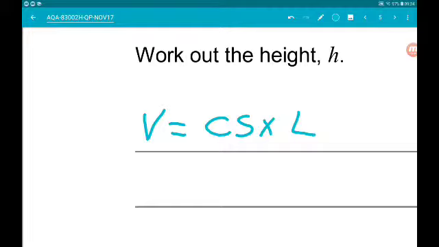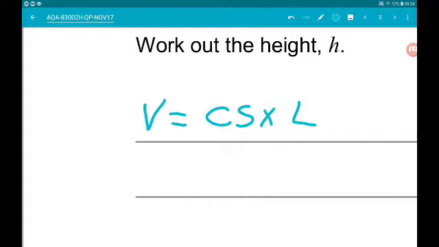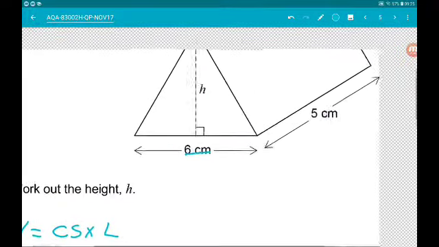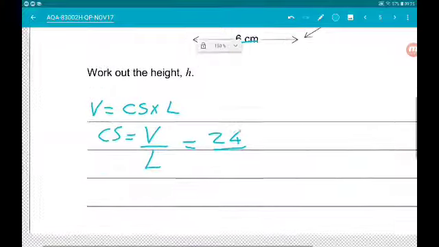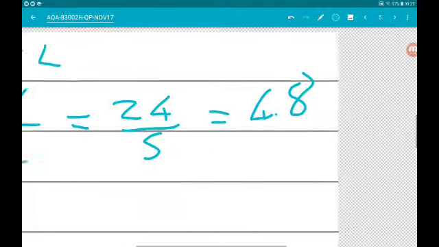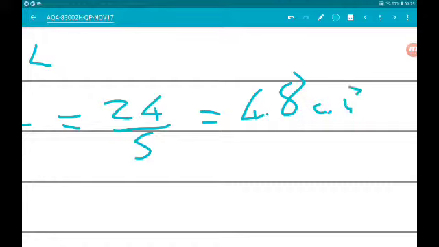So, given that the height is part of the cross-section, it makes sense to get the cross-section on its own. So if we divide through by the length, cross-section is volume divided by length. So here that's 24 over 5. Now that's going to give us 4.8, and that is centimetres squared.